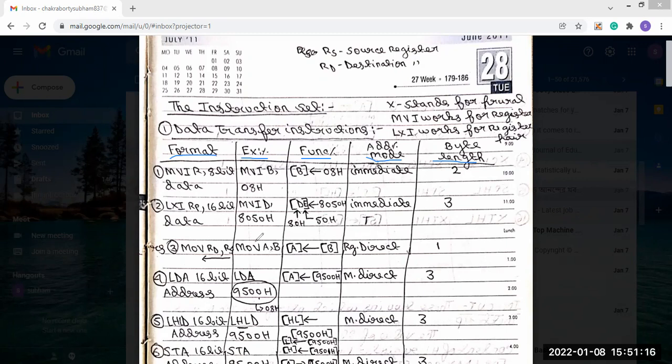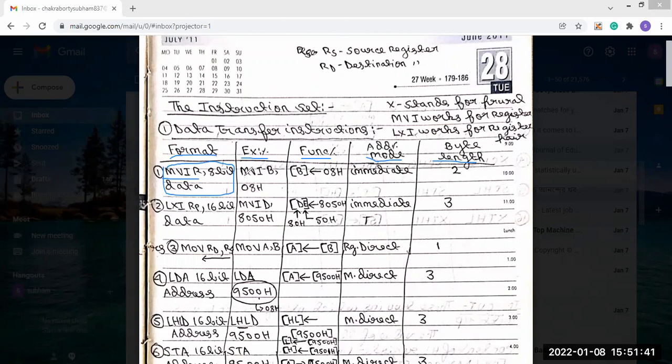So the first one we will see, the format is MVI R, that means MVI register, comma 8-bit data. This is the general structure. MVI, the register name will be mentioned, comma 8-bit data.